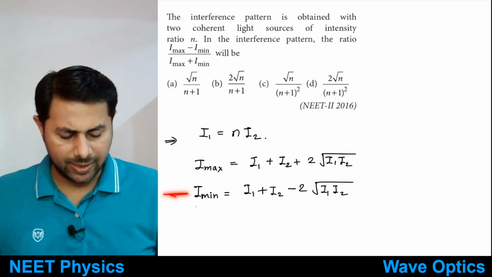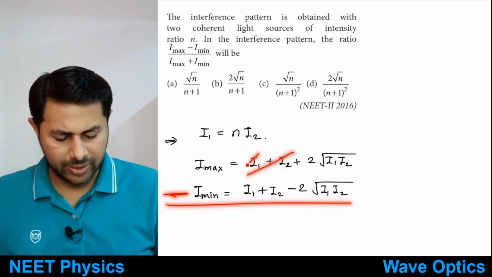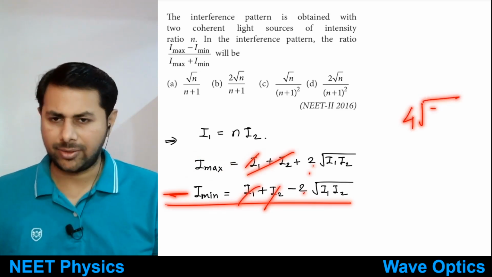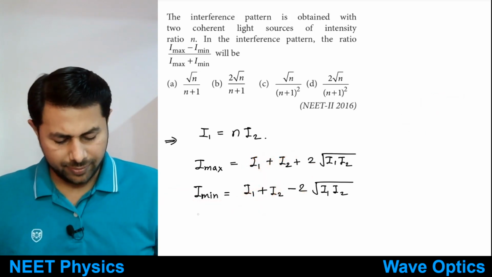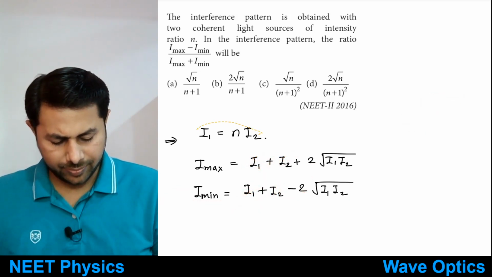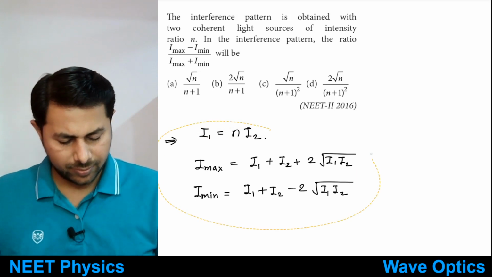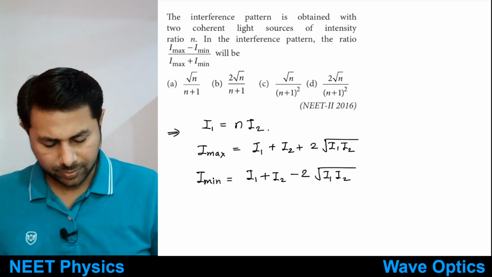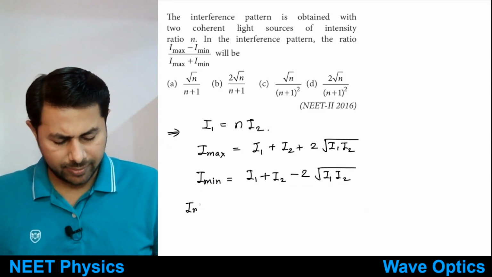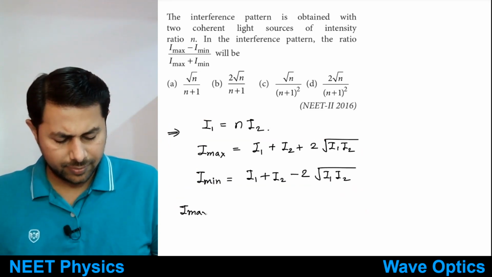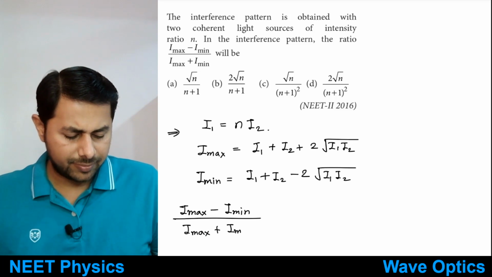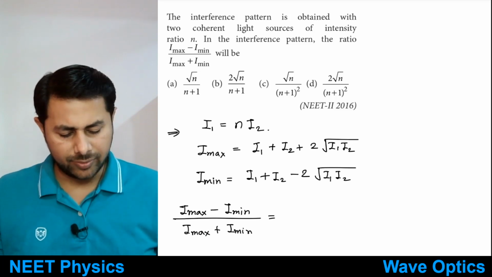If you subtract them, then this thing will get cancelled out and it will be 2 plus 2 means 4 times root of I1 I2. Okay, so therefore you have Imax minus Imin divided by Imax plus Imin is equal to what?